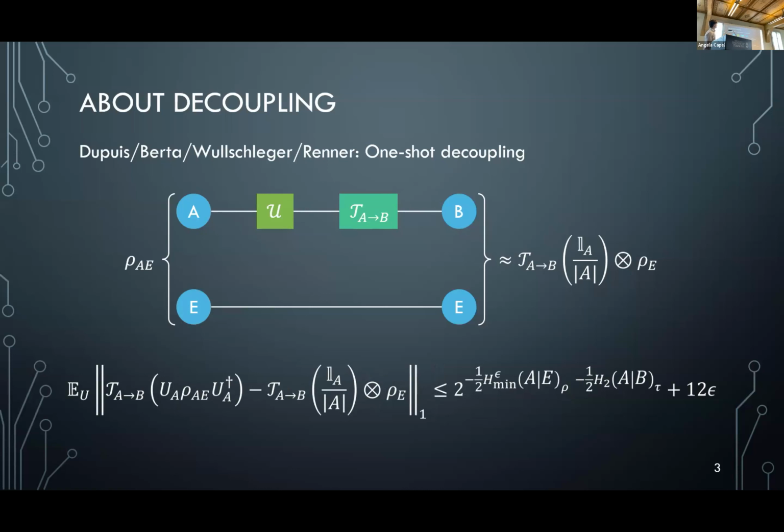Notice that we have a term accounting for the initial correlation, and also another term accounting for the decoupling power of the map, which is something that we would expect. This is quite intuitive. And we also have this term accounting for the smoothing of the min-entropy.